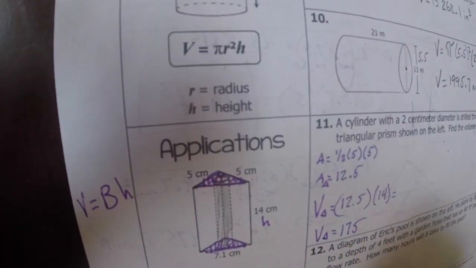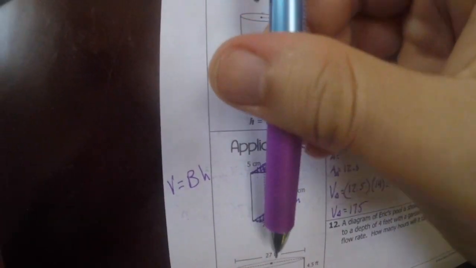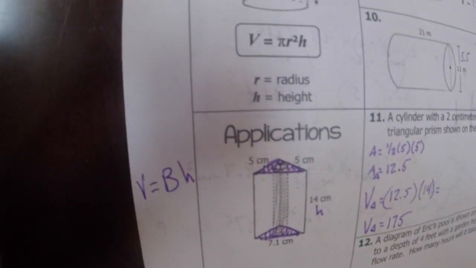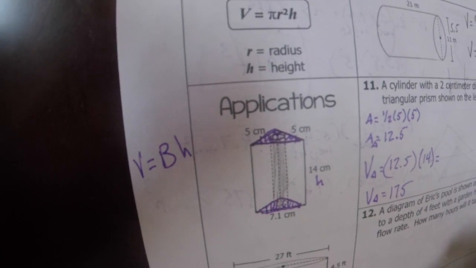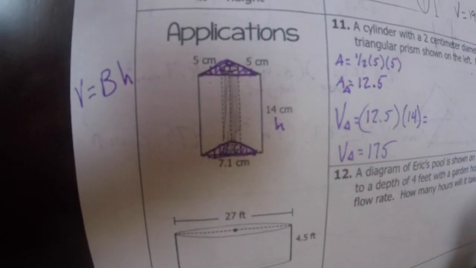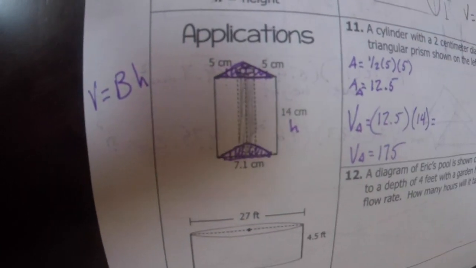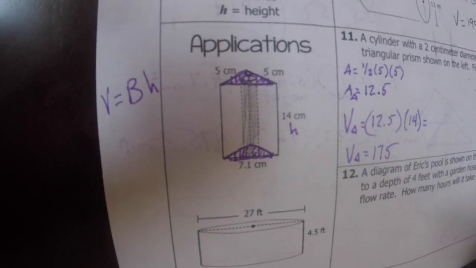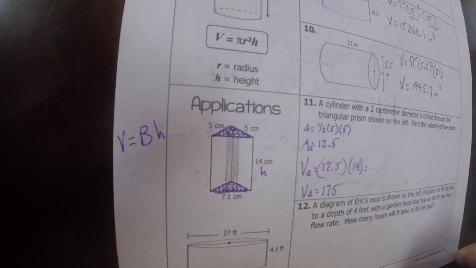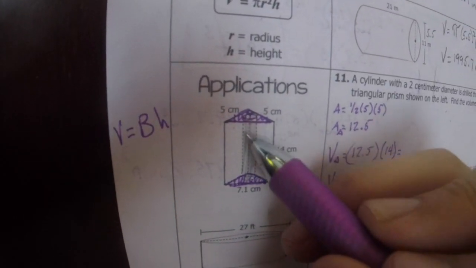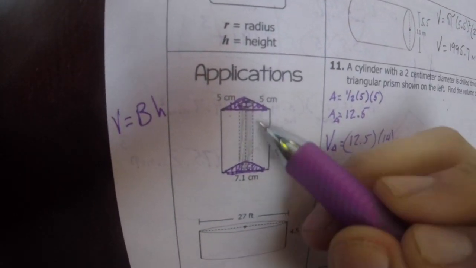But I drilled a hole through that prism. So all of that space is drilled out and we're left with a big giant hole all the way through our prism. So I have to subtract that out. That matter is completely gone. It turned to dust. So I have to figure out now what's the volume of that hole that I drilled.